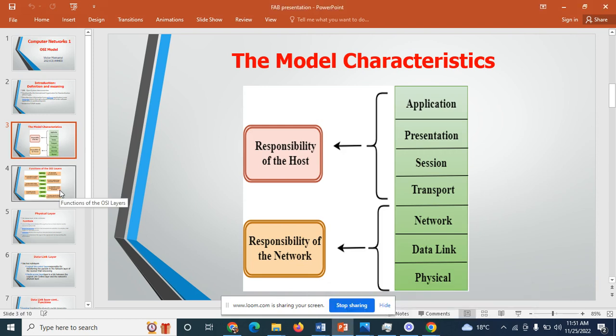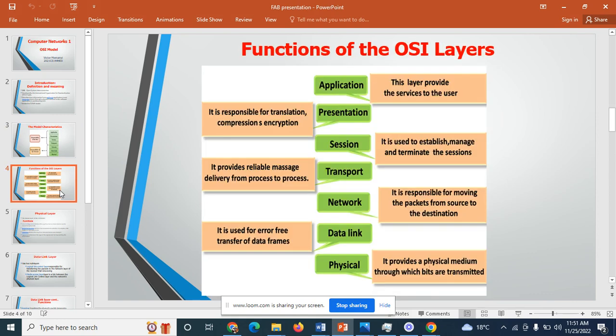So just to look at the details of those layers, in slide 4 we have brief explanations of what each layer does in this process of communication from one computer to another.